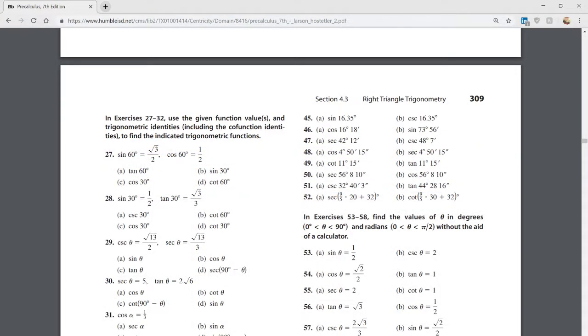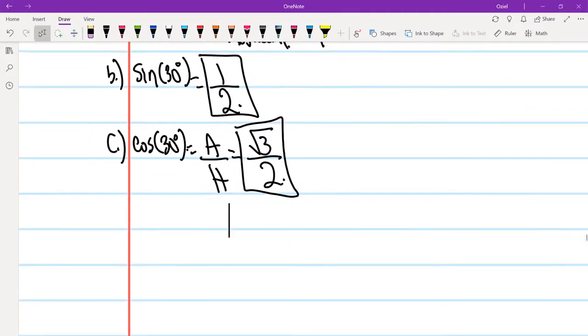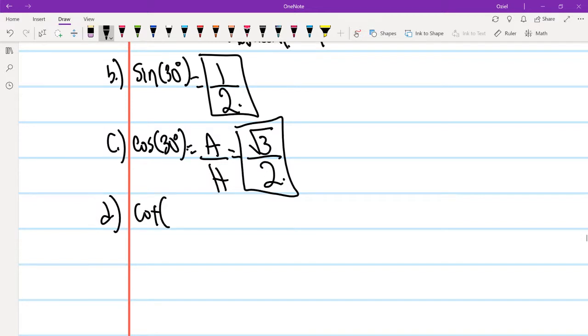And then part D is asking for cotangent of 60 degrees.